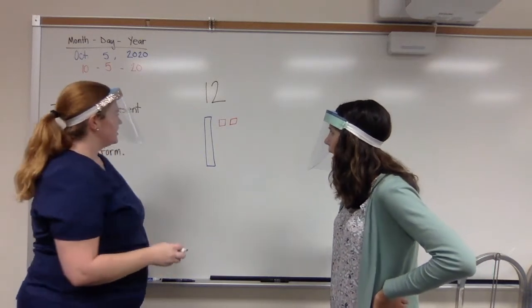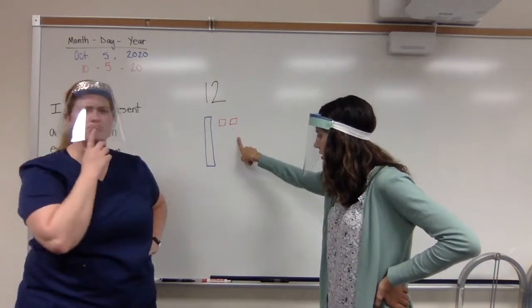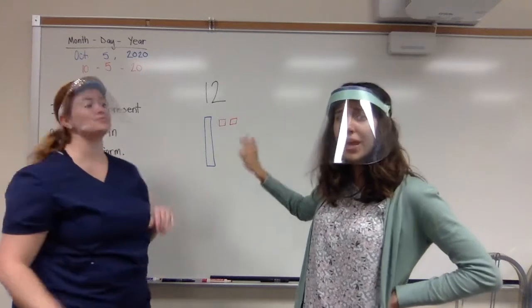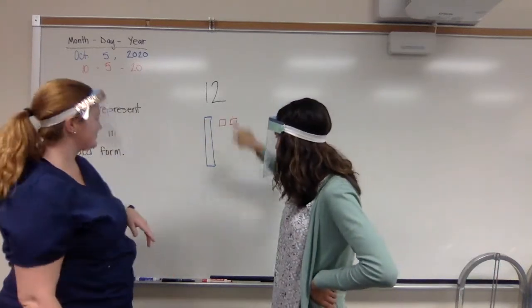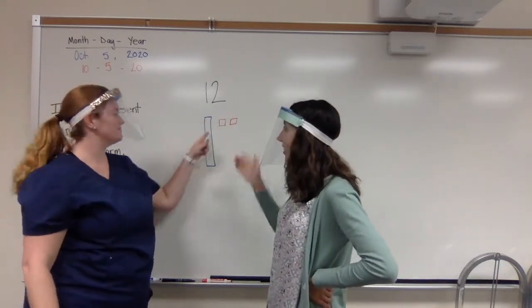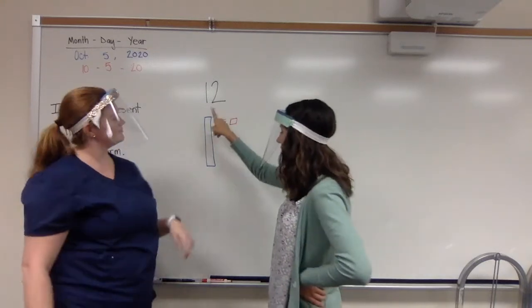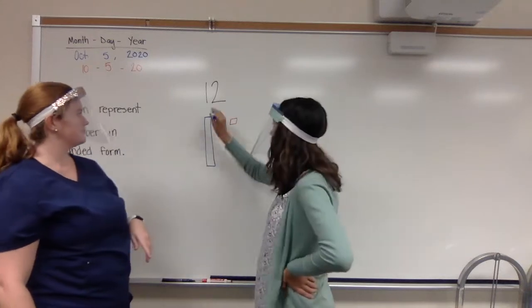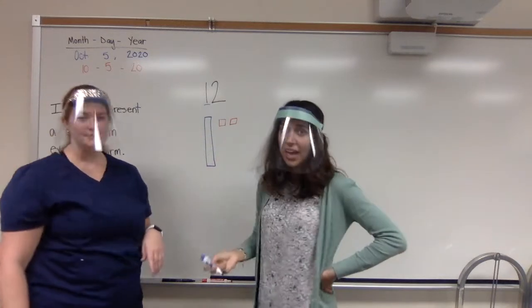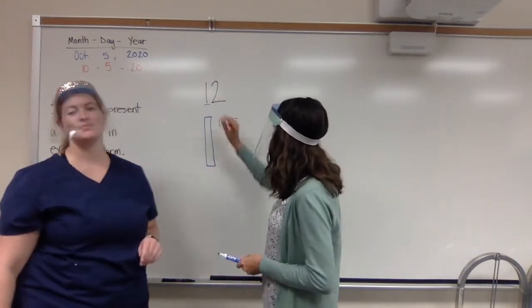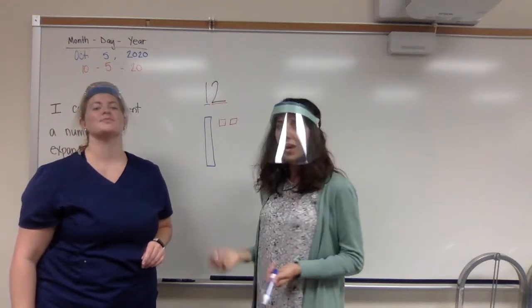Well, now, Miss Lime, I'm noticing that there are 2 different colors here because there are 2 different place values in our numbers. So here I have a 10, and then here I have my 1s. So if I look at the number 12, I should know that the 1 is in the 10s place, and the 2 is in the 1s place.